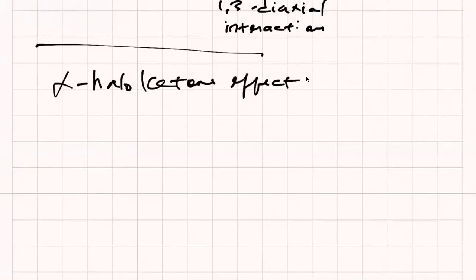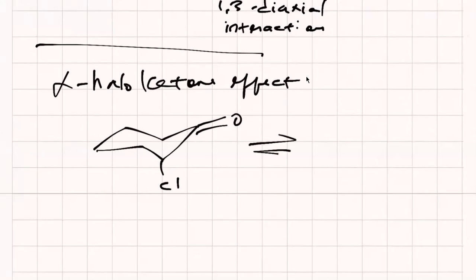So if I take this chair and I have chlorine here, and this is in equilibrium with the chair flip, where now my carbonyl is here, and the chlorine is now equatorial and not axial. Let me redraw that ring, because it's hard to tell that that's equatorial.